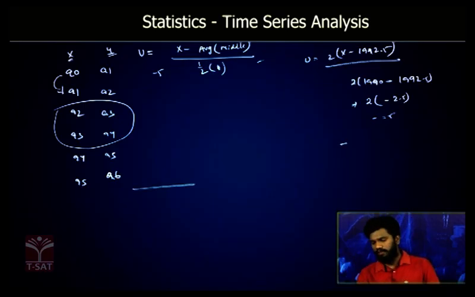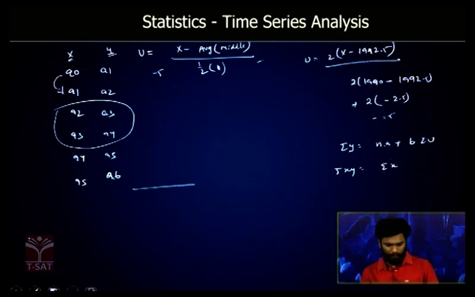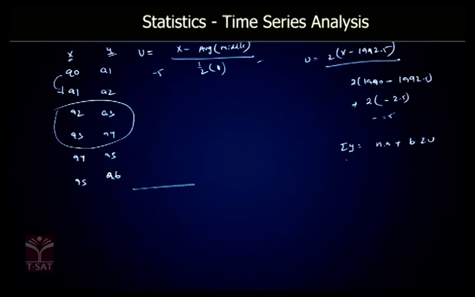The normal equations will be summation y is equal to n into a plus b into summation u, summation uy is equal to summation u into a plus b into summation u square.